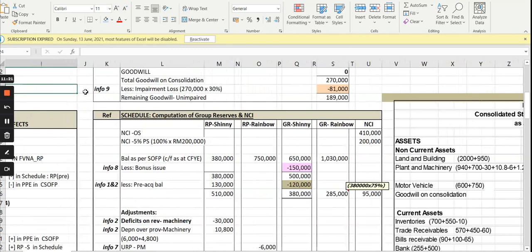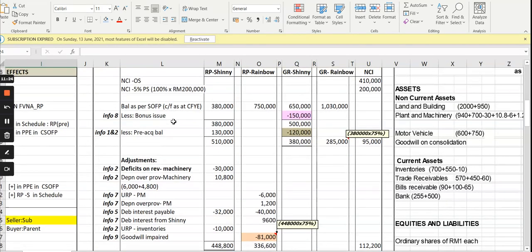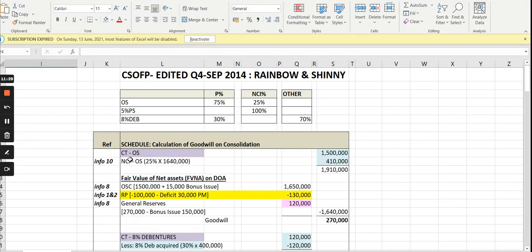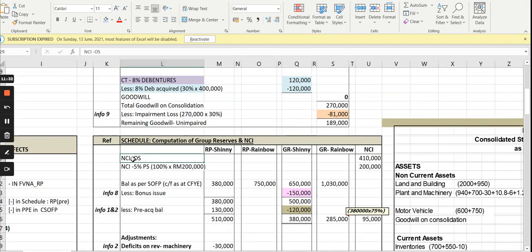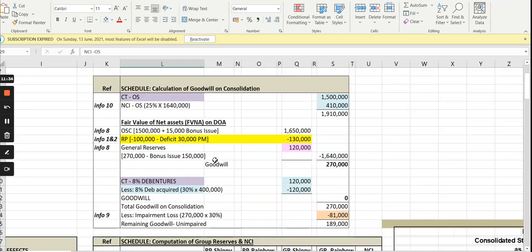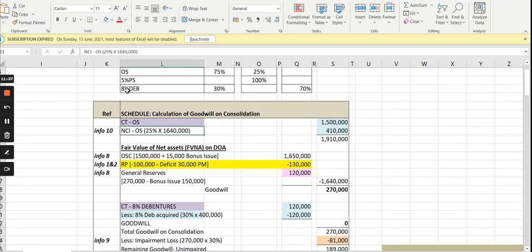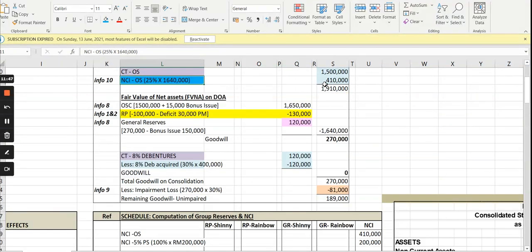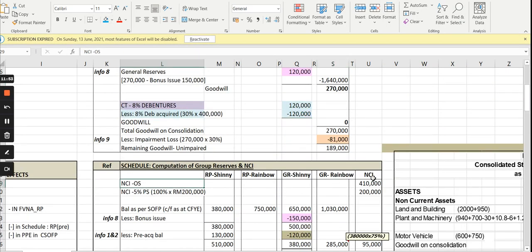Now we are preparing the schedule for computation of group reserve. We're trying to find out the total. So what you should do first is find out the non-controlling interest. This non-controlling interest is the non-controlling interest here. I am using a blue color here, right? And the same non-controlling interest will be here. So just transfer that here, or you can put it side by side.